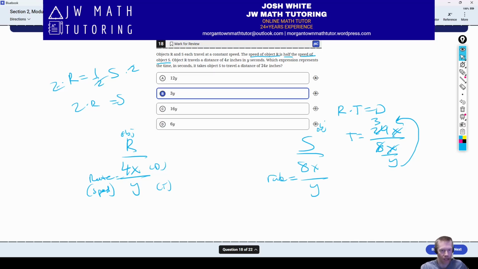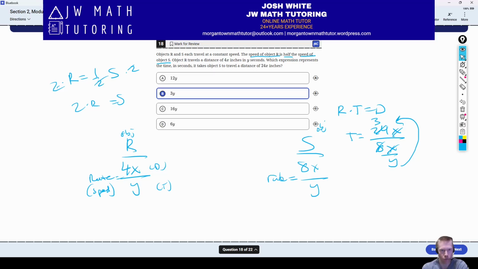Now, I will say, if you wanted to, you could pick numbers for x and y, and do the whole calculation in terms of numbers instead of expressions. You would calculate the time with the values you picked for x and y, and get an actual numerical value.